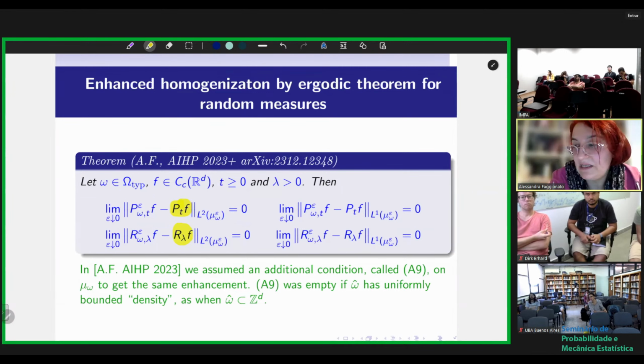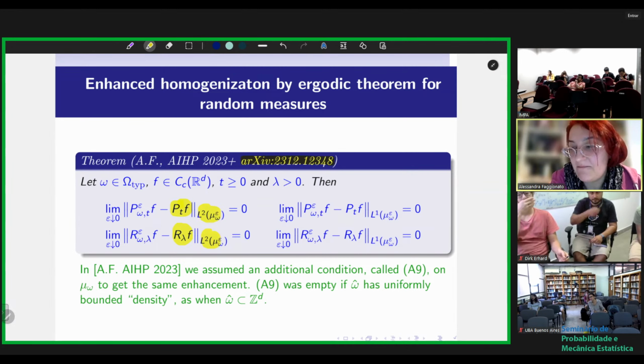So by combining the previous homogenization result with the ergodic theorem I just showed you, you obtain a convergence in a much stronger form, in norm, both in L1 and in L2. This convergence was obtained in the paper where I studied homogenization with an additional condition called A9 there.